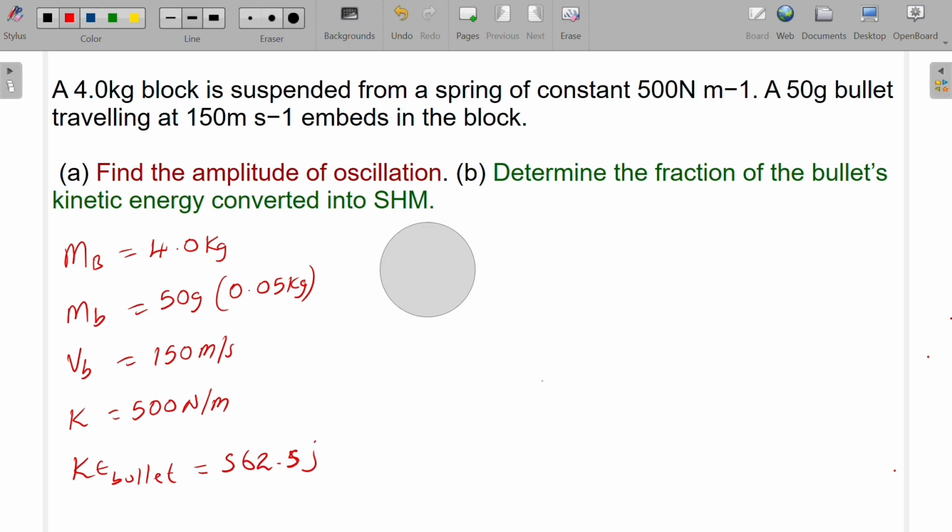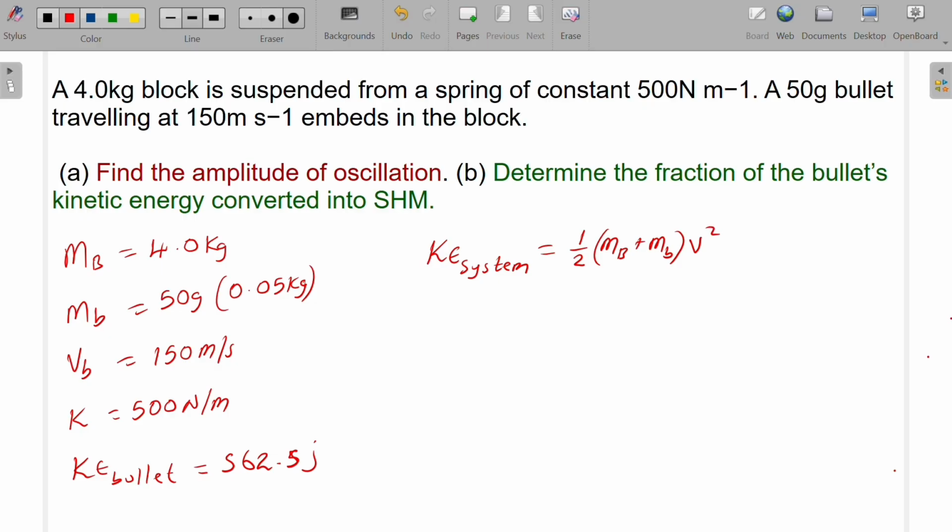Now the next step is to find the kinetic energy of the system after collision. So we'll say the kinetic energy this time of the system is equal to, still, half m v squared. Now this is m_b added to m_B multiplied by v squared.